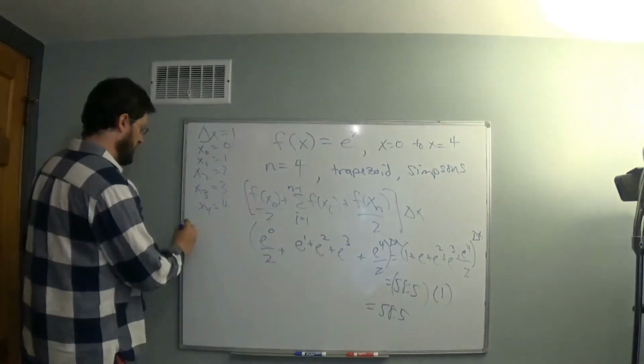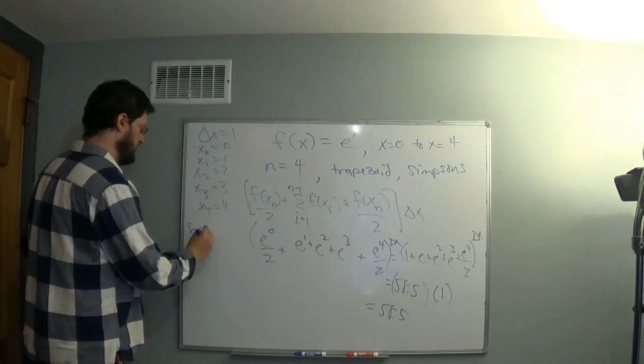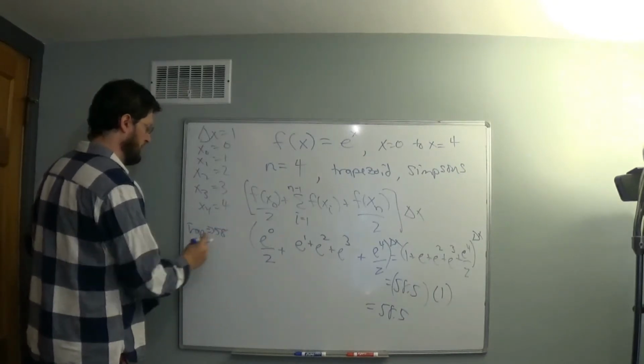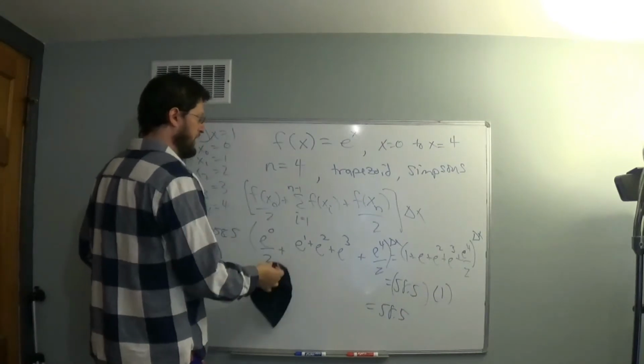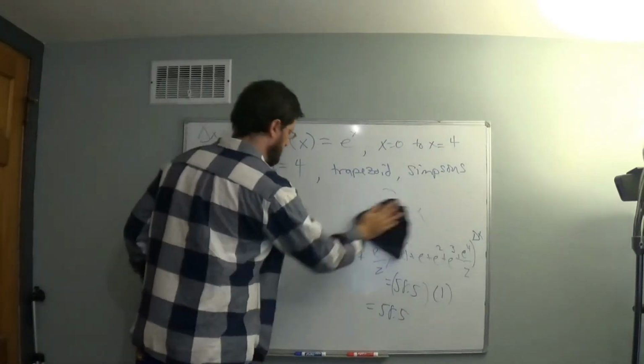Okay, so trapezoid gave me 58.5 as my estimate. Let's use Simpson's rule.